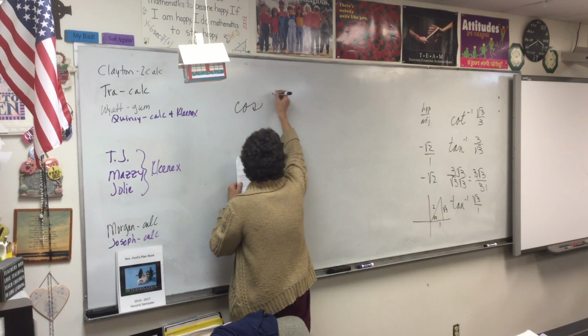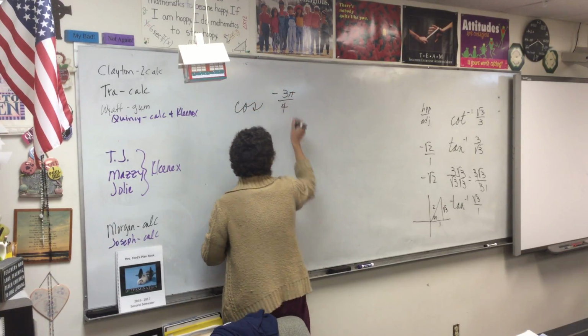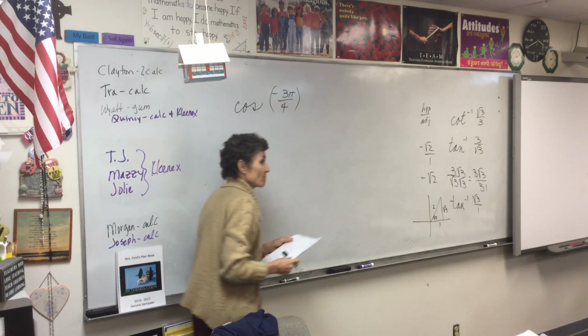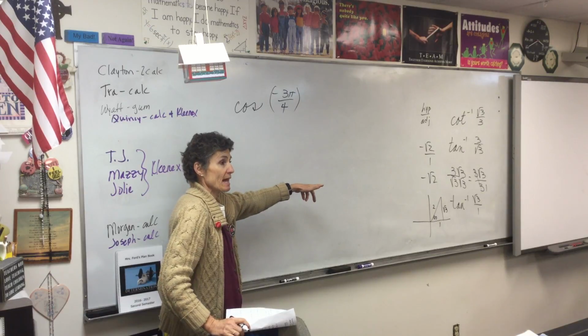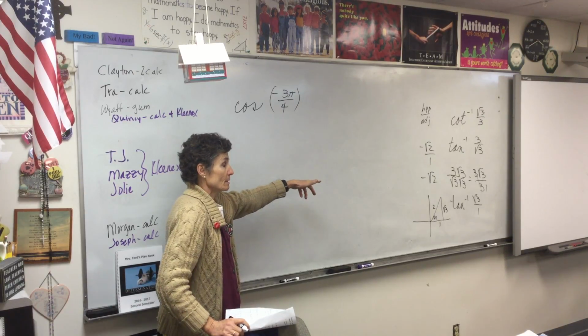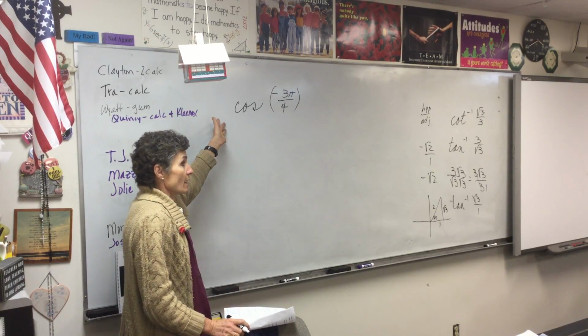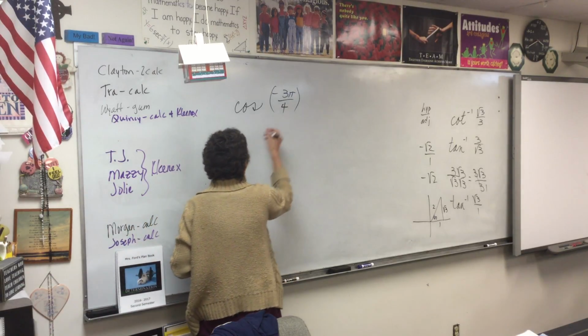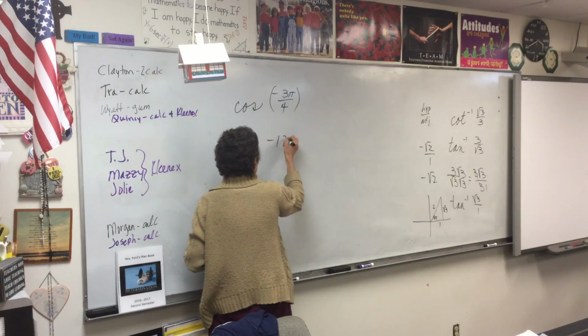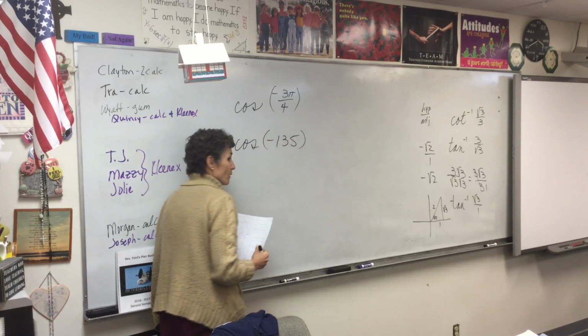So the first one says the cosine of -3 pi over 4. This is very much like the quiz question somebody asked me about. We're on the cosine. We know the angle. In fact, that might be the exact same angle we used before. It's negative now, so it's -135.